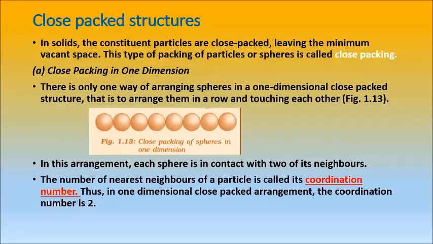That number, how many atoms or spheres are attached to each other, is said to be the coordination number. Now in this diagram we can understand that one sphere is attached to two. So in 1 dimensional close packed arrangement, the coordination number will be 2. The maximum number of nearest spheres is 2. So the coordination number becomes 2 here.